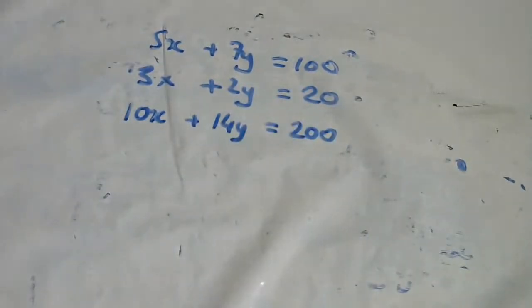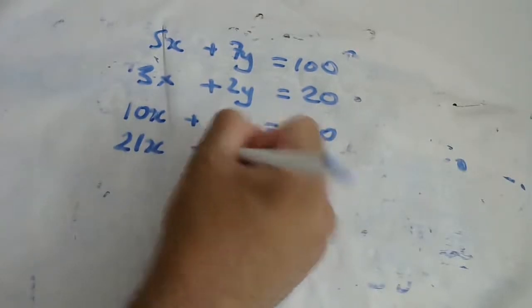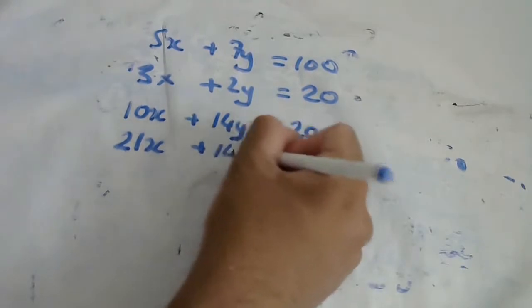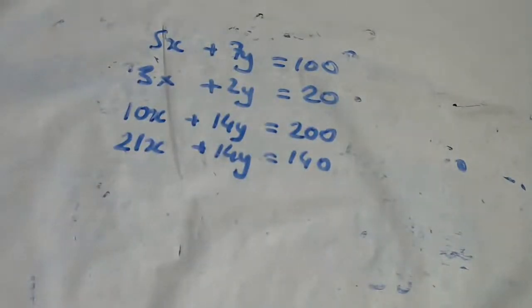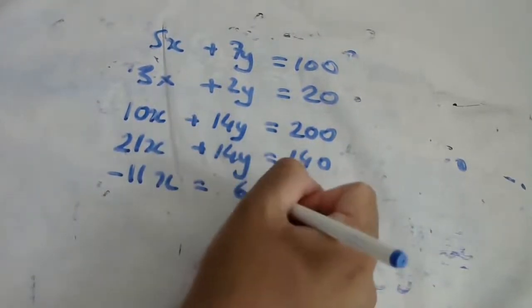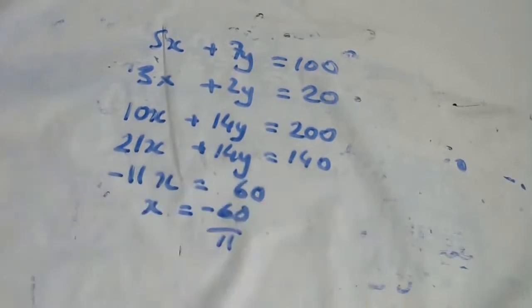The other one you're multiplying by 7, so you end up with 21x plus 14y equals 140. That seems to be done correctly. If you subtract those, you get minus 11x equals 60. So x is, yep, quite right, 60 over 11. So x equals 60 over 11, brilliant.